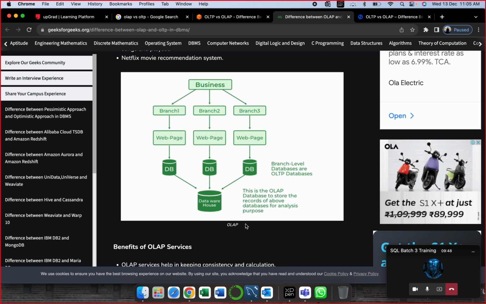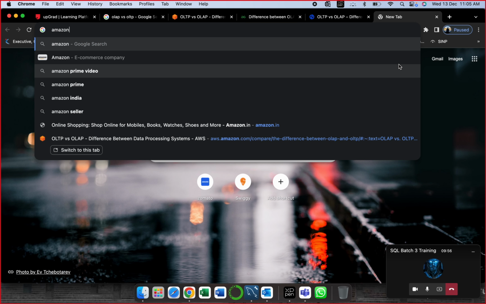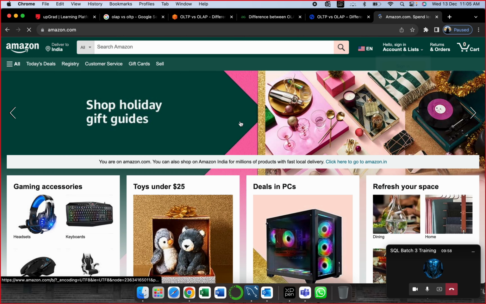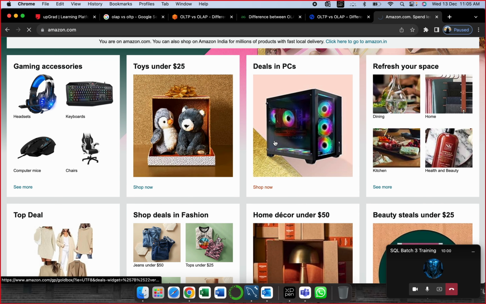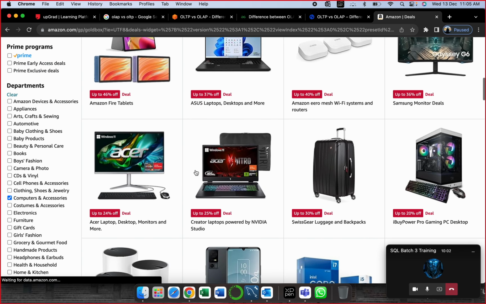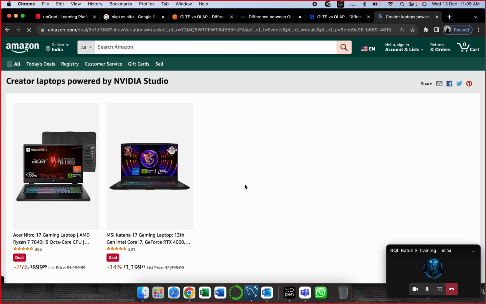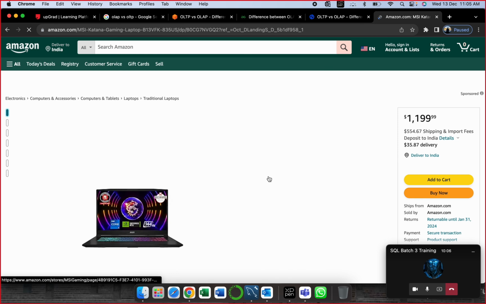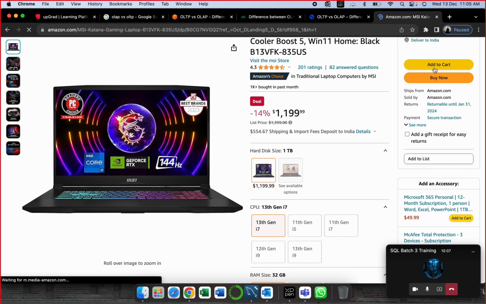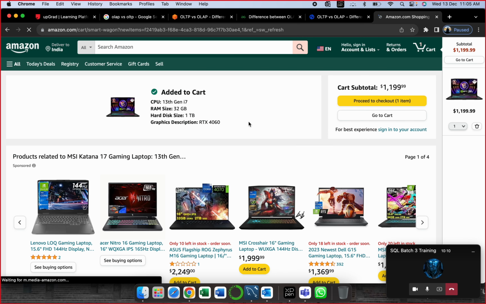Now, if you go with Amazon or any other platform, whenever I'm buying something from Amazon, let's say I buy this laptop, it asks me when I add this to my cart.